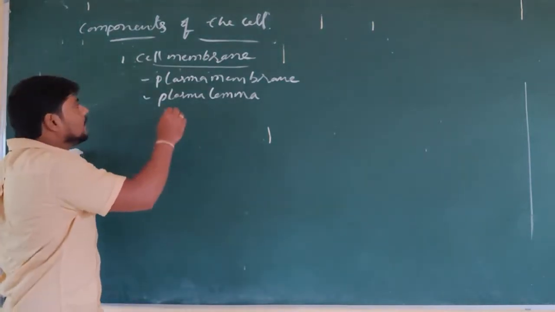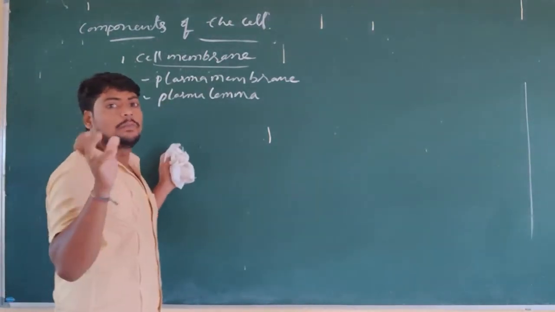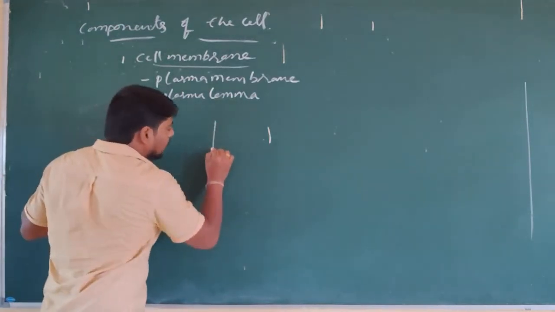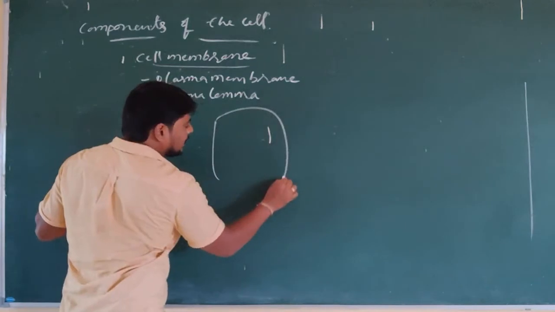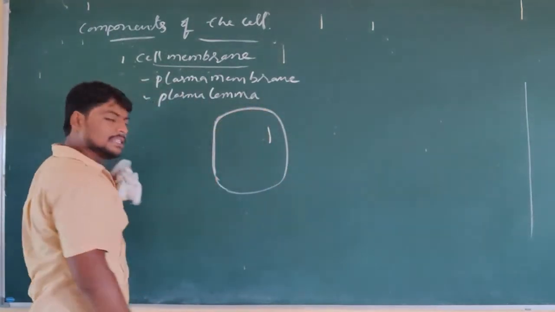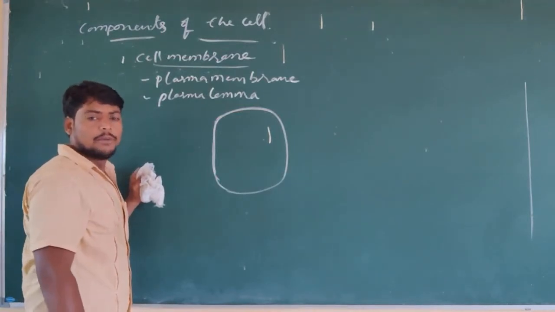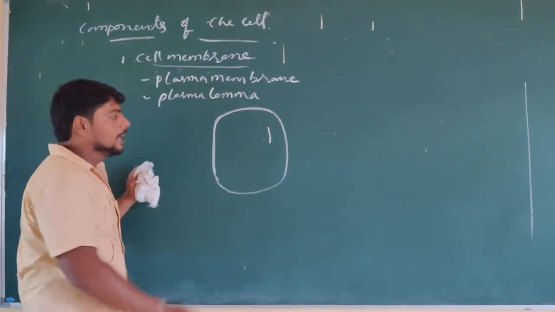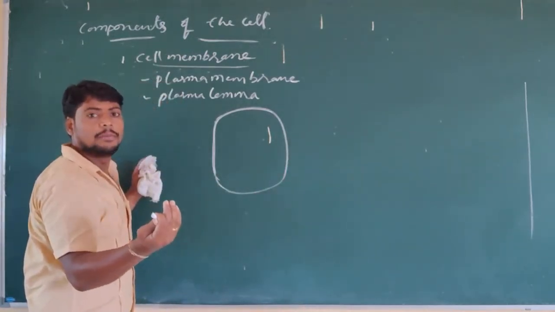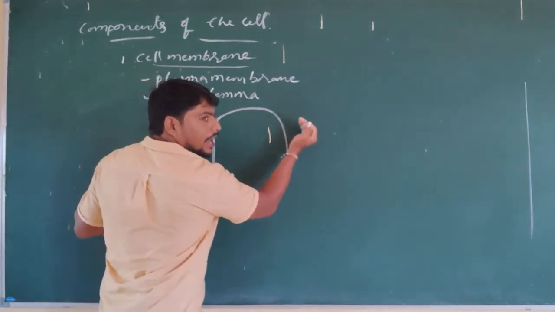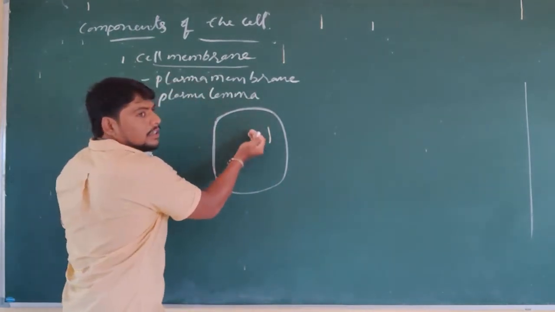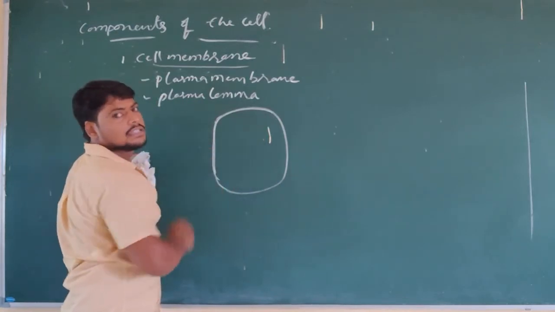The cell membrane is a protective layer of the cell. This is the cell which we saw yesterday, and the outer layer is called the plasma membrane. What is its importance? It acts like a barrier between the outer environmental condition and the internal content of the cell.